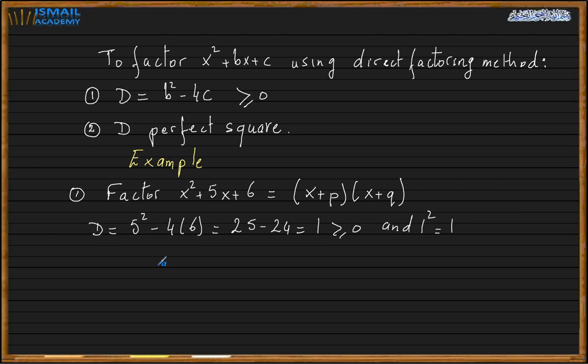What I do is look for p plus q equals 5 and p times q equals 6. I always start with the multiplication: which two numbers multiplied together give me 6?